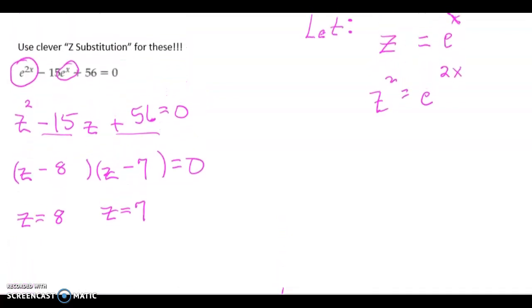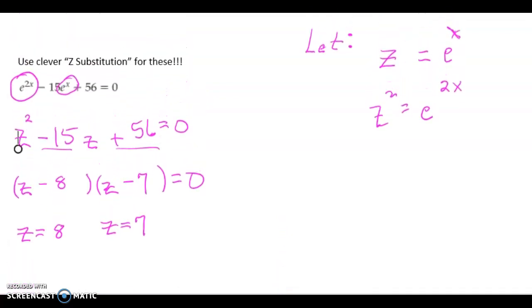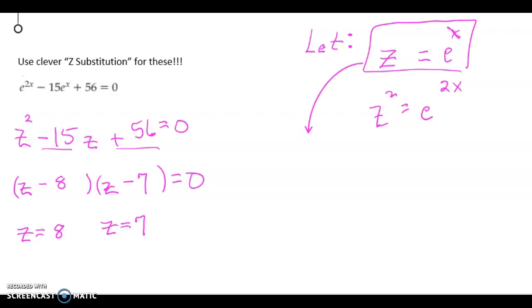However, we're not really after Z. The original problem had x's in it. We're really trying to solve for x. So let's use this. If we know that Z is equal to e to the x, then we would have 8 is equal to e to the x.